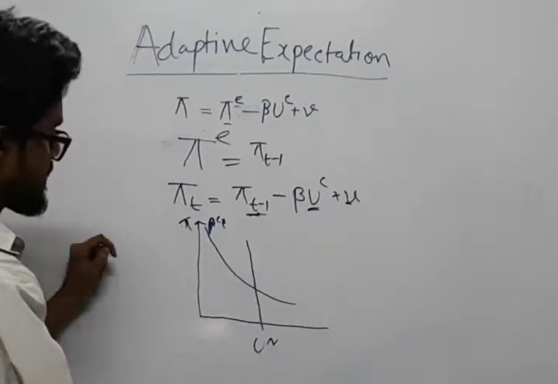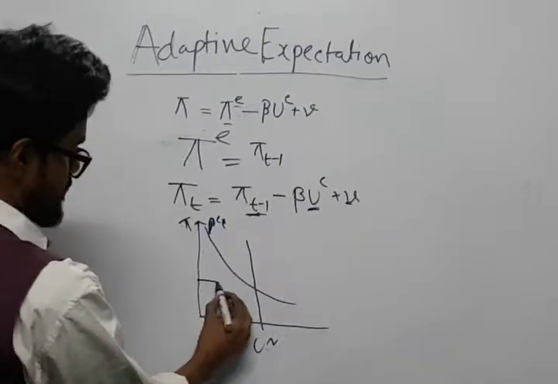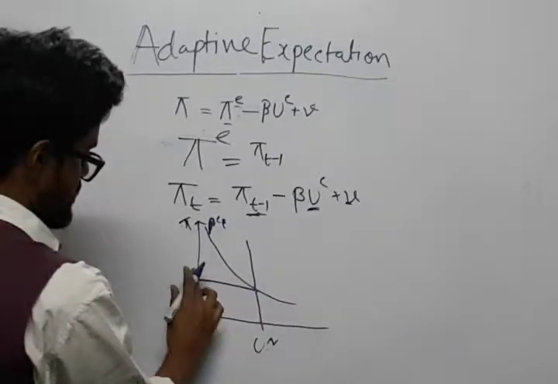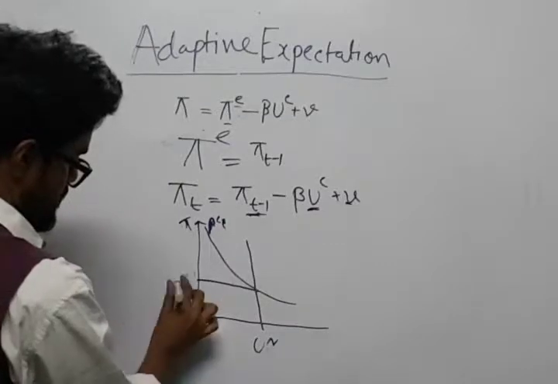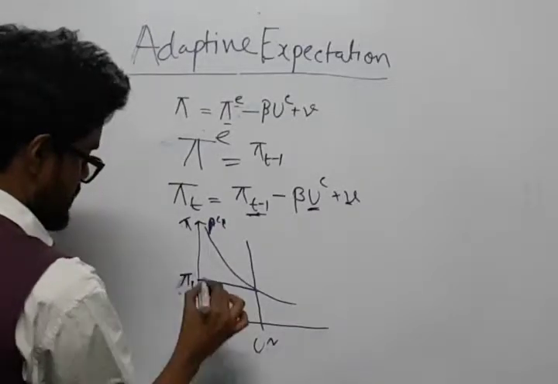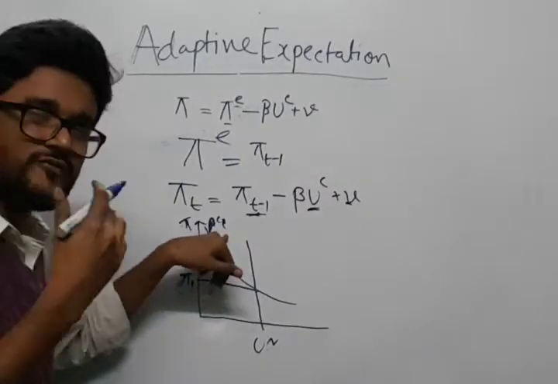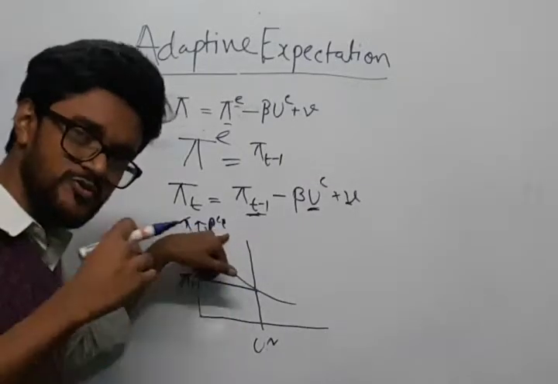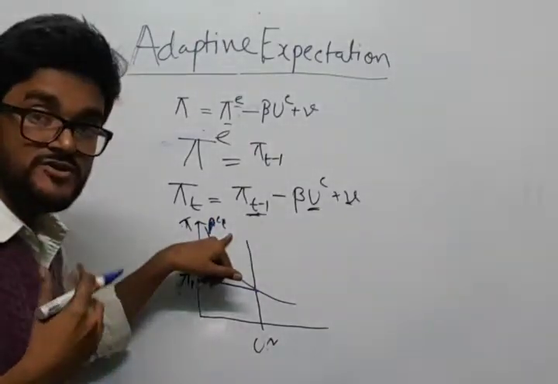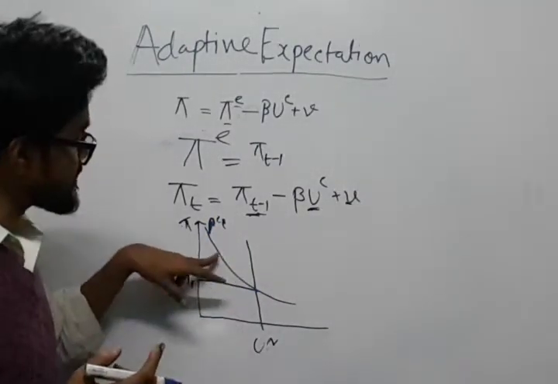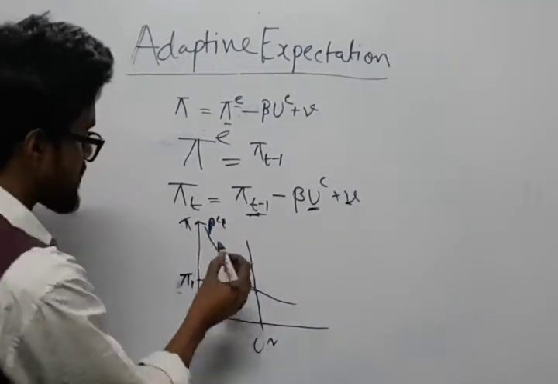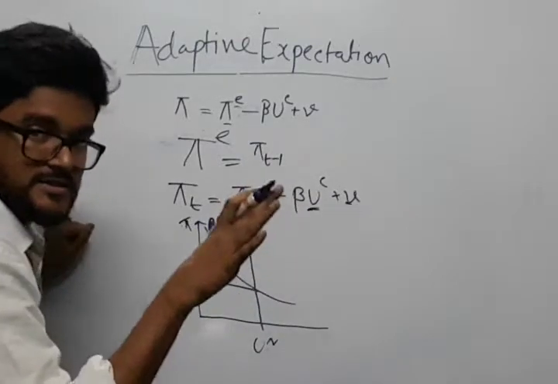Now see, due to some reason, let's say for an example, if price increases due to an expansionary monetary policy, let's say the Phillips curve shifts rightward. How it shifts rightward, that we'll discuss in a minute.